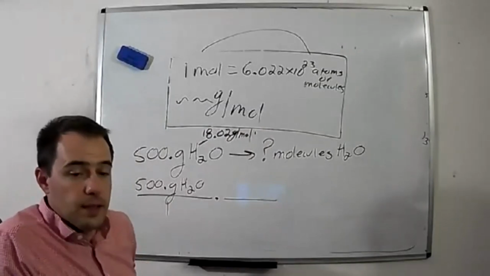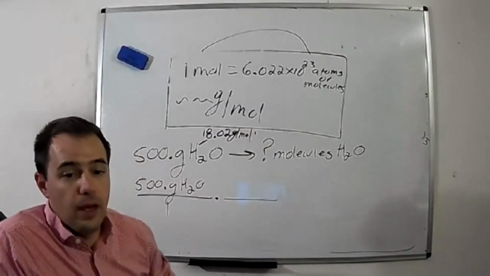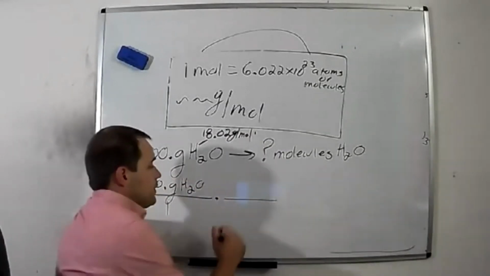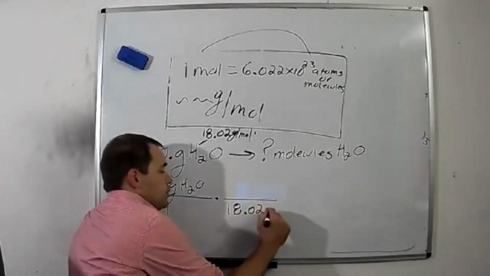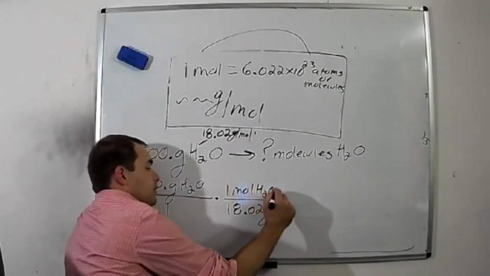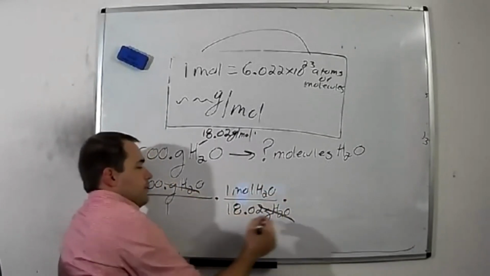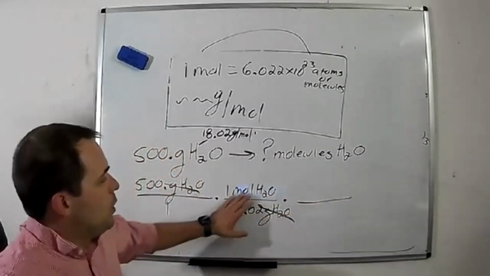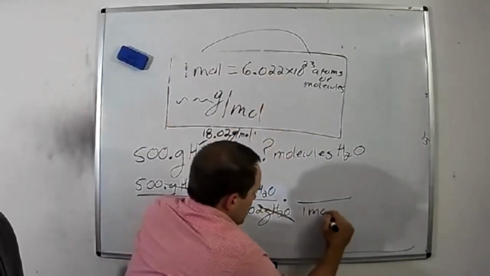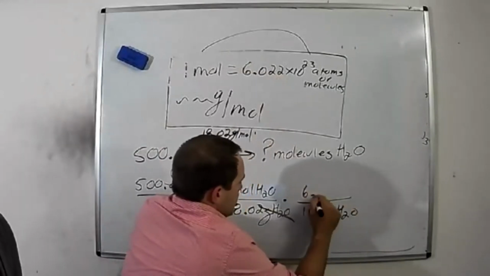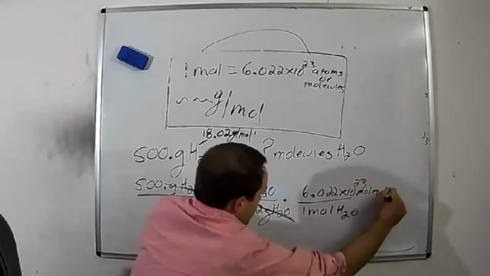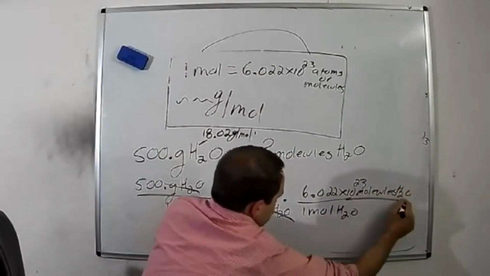Dimensional analysis takes the guessing out of doing this, right? So I need grams to go away. 18.02 grams on the bottom, 1 mole of water on the top. Now I'm in moles. I'm going to get to molecules. That's what Avogadro's number does. 1 mole of water, 6.022 times 10 to the 23rd molecules of water.